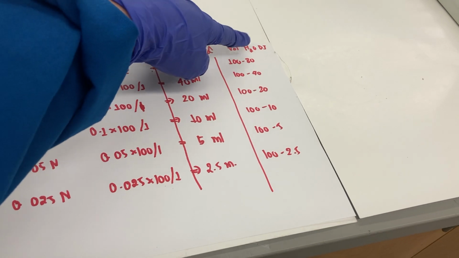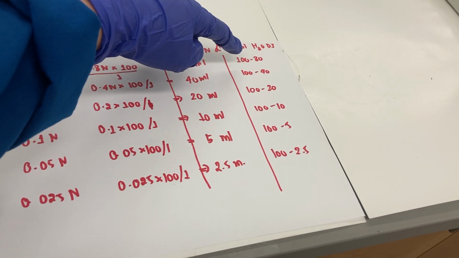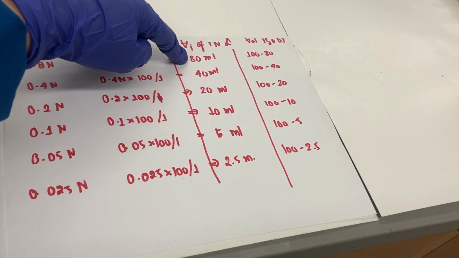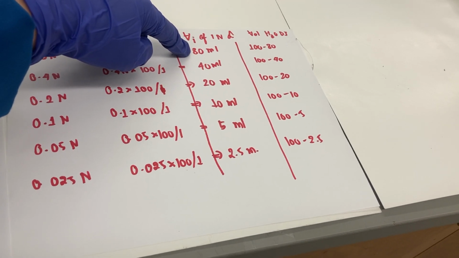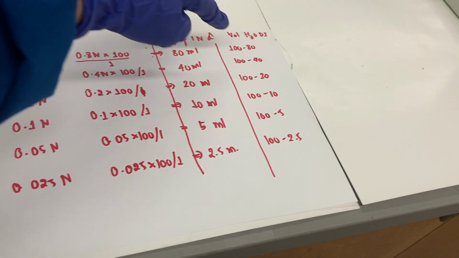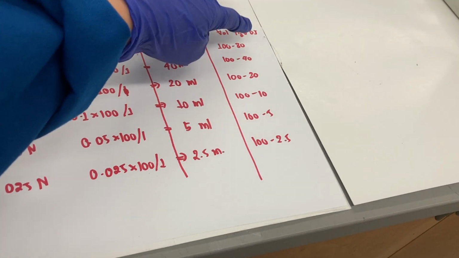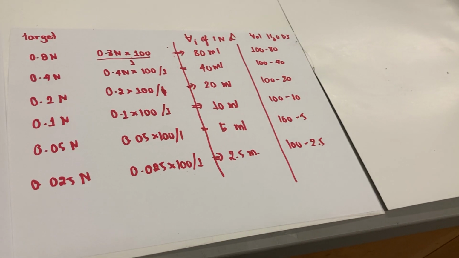The final volume has to bring the total volume to 100. When the stock solution volume is 80 and your target volume is 100, 100 subtract 80, you get 20. That 20 is the volume of the water that you have to add.